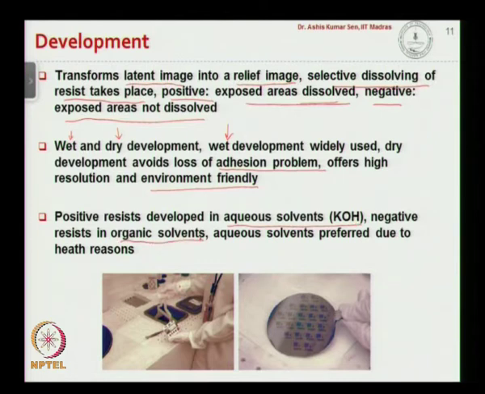So there is a difference between the developer solutions that are used for positive and negative photoresist, and the aqueous solvents are preferred due to health reasons. They are more environmental friendly as compared to the organic solvents, but the organic solvents are cost effective, much cheaper as compared to the aqueous solutions. So that is why in academia the organic solvents are more widely used.